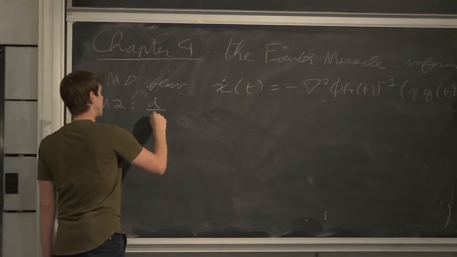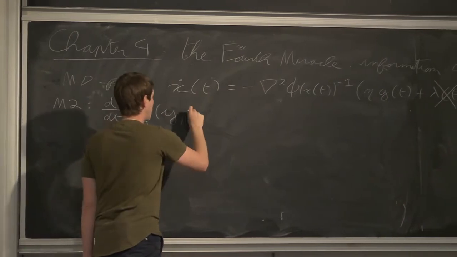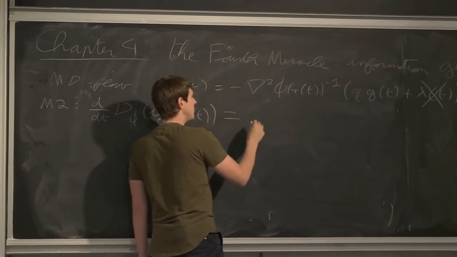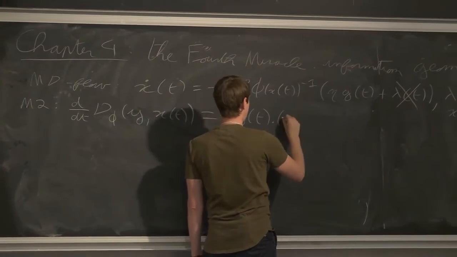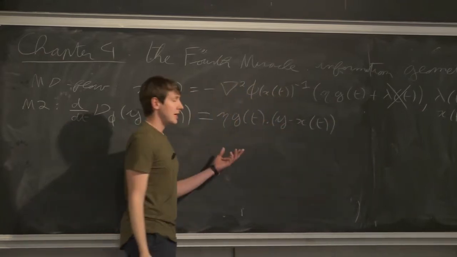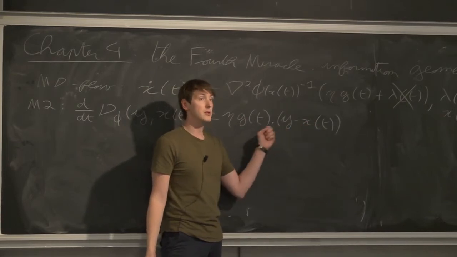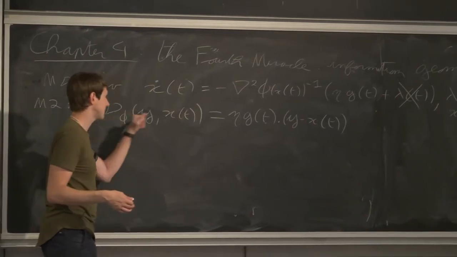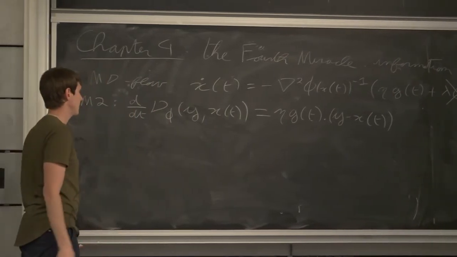It was this calculation: the time derivative of the Bregman divergence between any fixed point y and x of t, if I don't have the Lagrange multiplier, is equal to eta g_t inner product with y minus x_t. The rationale was that if g_t dot x_t is much bigger than g_t dot y, then I regret not being at y, so this thing becomes very negative, so I learn. I get closer to y in Bregman divergence.